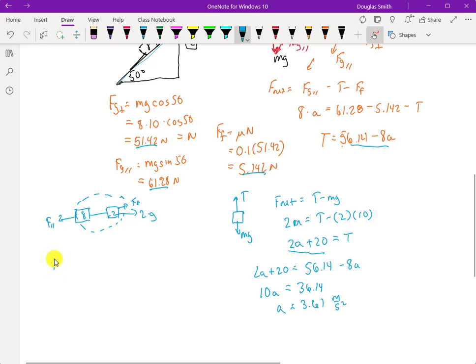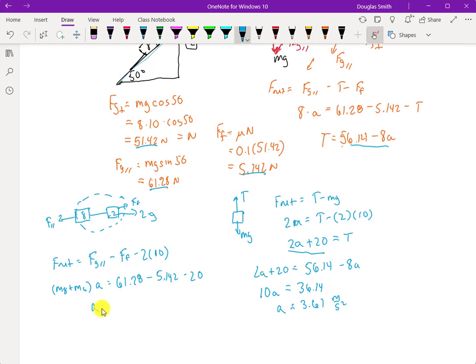So this would be like F net is equal to FG parallel minus FF minus 2 times 10. F net is M8 plus M2 times A equals 61.28 minus 5.142 minus 20. So A is equal to all that divided by 8 plus 2.